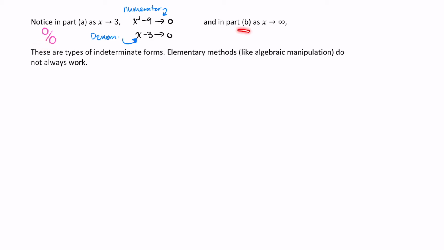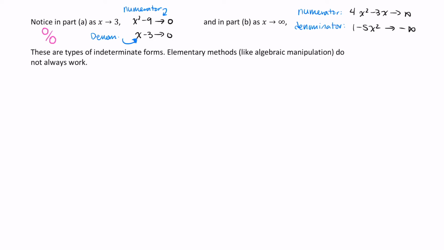Now in part B, as x approached infinity, what did we end up with? Well, our numerator of 4x squared minus 3x approached infinity, and our denominator of 1 minus 5x squared approached negative infinity.